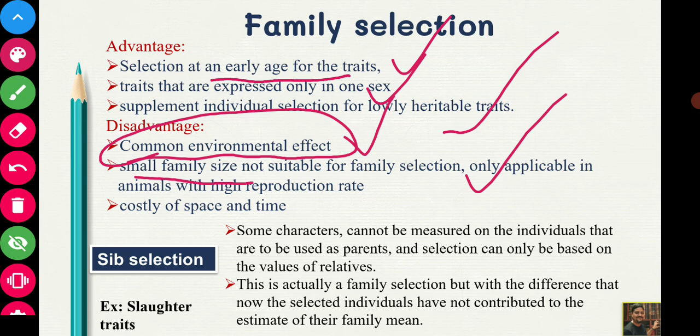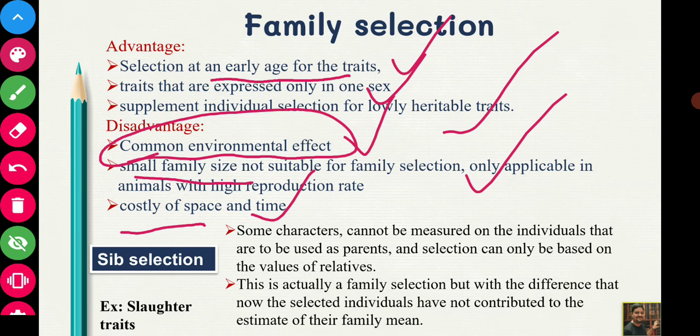Another disadvantage is that it is costly of space and time. If you have to select the whole family, you have to maintain a large number of families. Maintaining a large number of families, particularly in case of large animals, is very difficult. At a time you cannot maintain a large number of families.